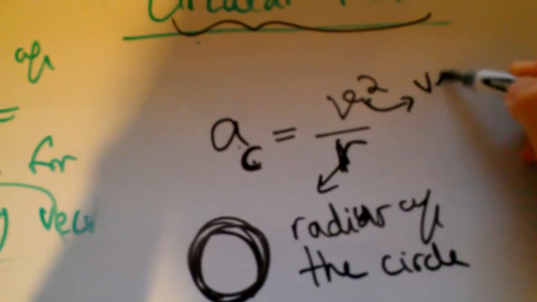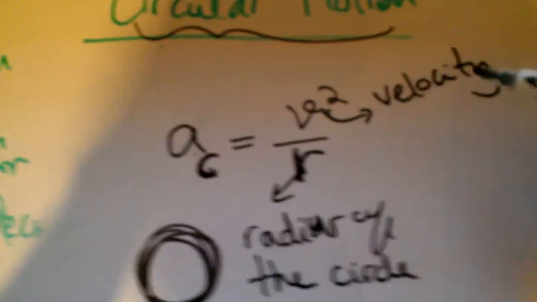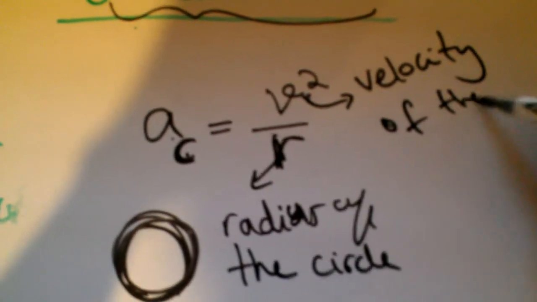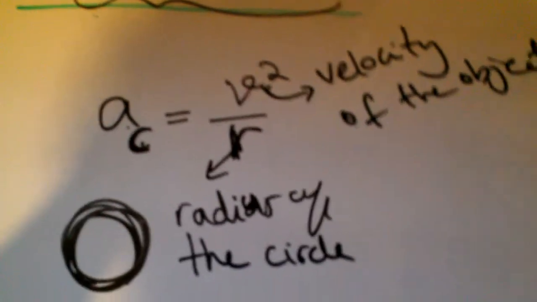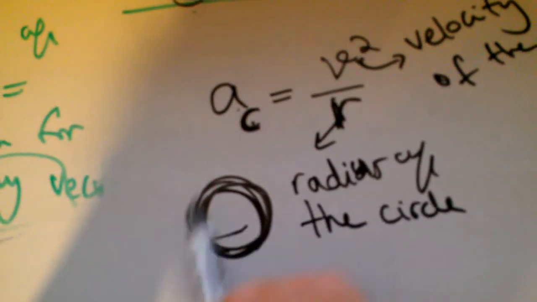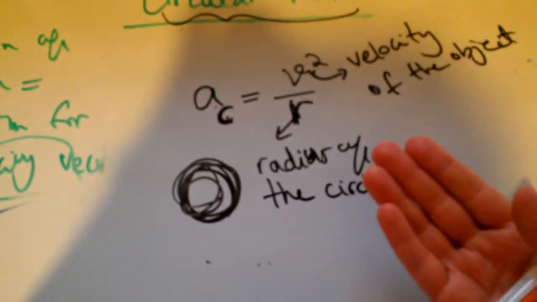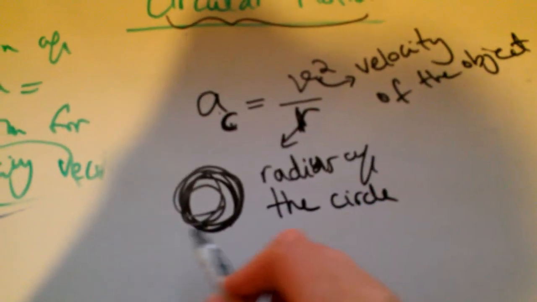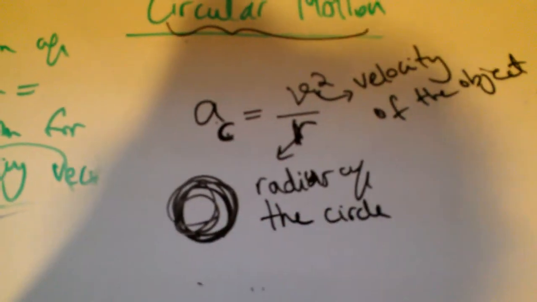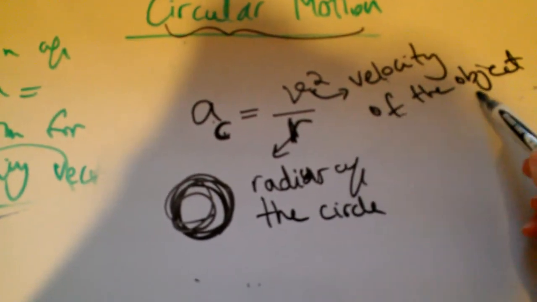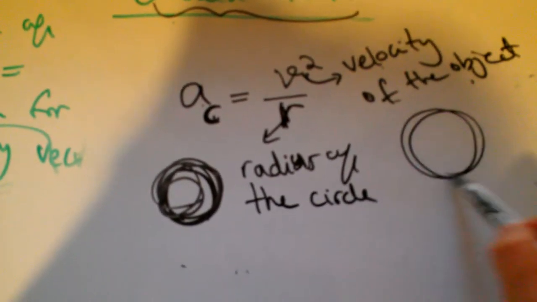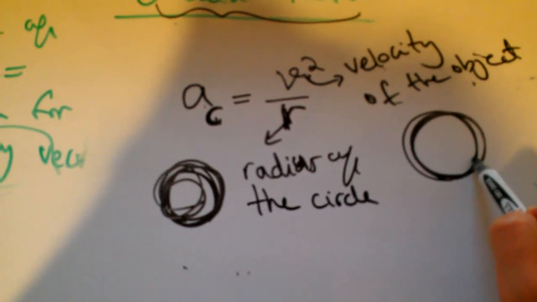This v is velocity of the object. So if I go 5 times around the circle in 2 seconds, I have a separate velocity compared to the case if I just go once in 20 seconds. So velocity of the object is how fast the object is going around the circle.